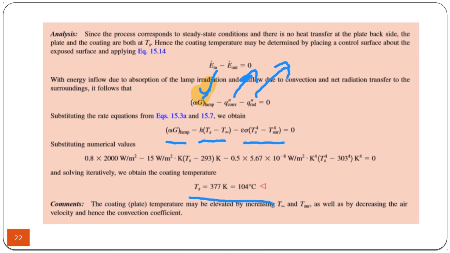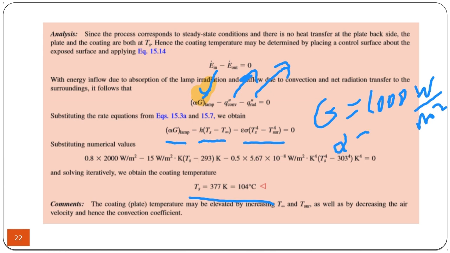Very similar to this, you can also calculate the surface temperature of an asphalt, right? So for asphalt, you may assume the irradiation as 1000 from the sun.